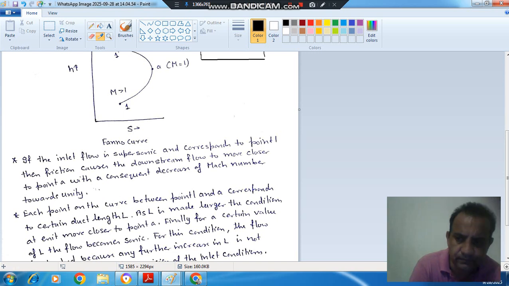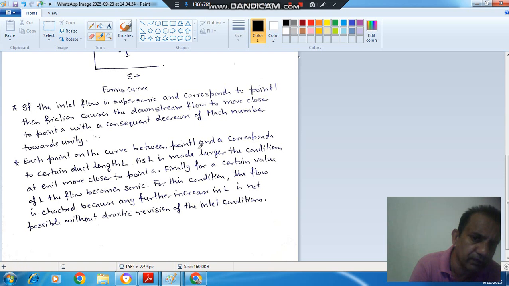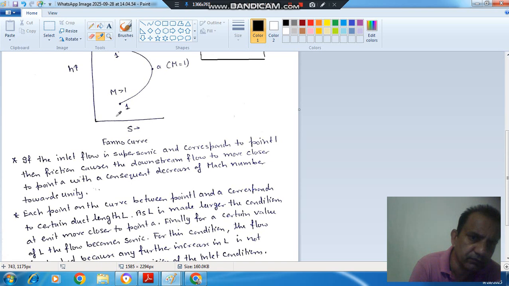Next point is each point on the curve between 1 and A corresponds to the states in region 2.